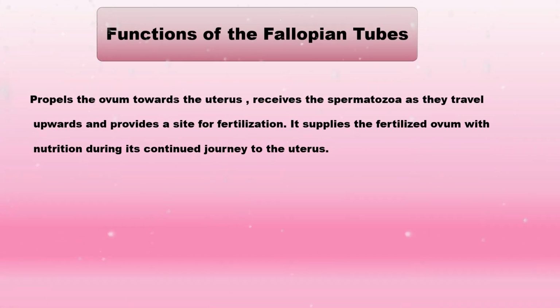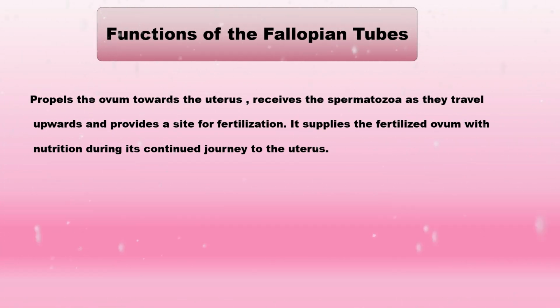Now to the function of the fallopian tubes. The uterine tube propels the ovum towards the uterus, and it also receives the spermatozoa as they travel upwards, and here we are talking about the isthmus. The fallopian tubes also provide the site for fertilization, and here we are talking about the ampulla.